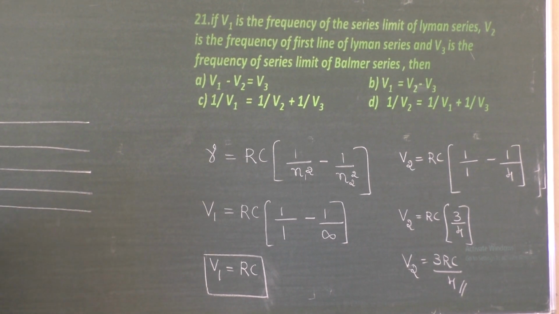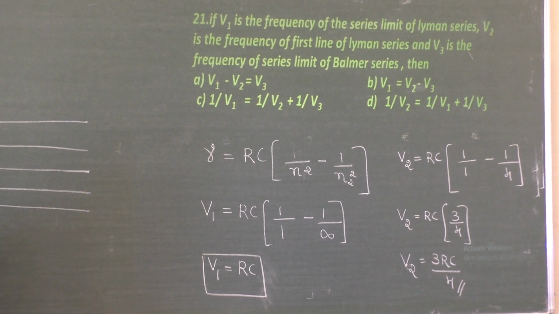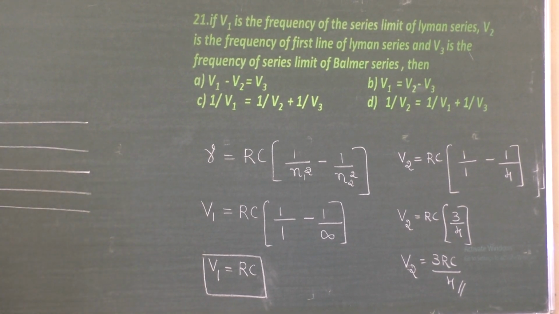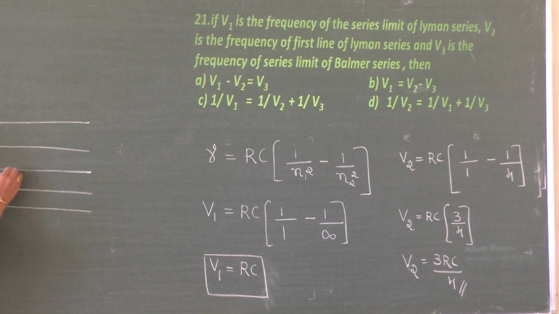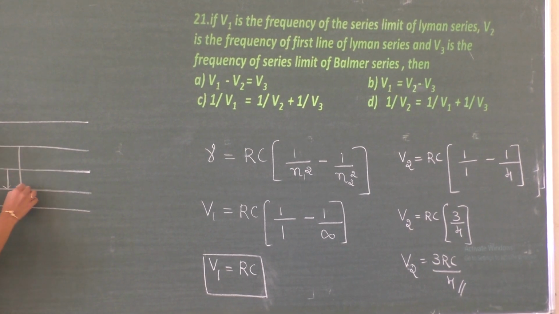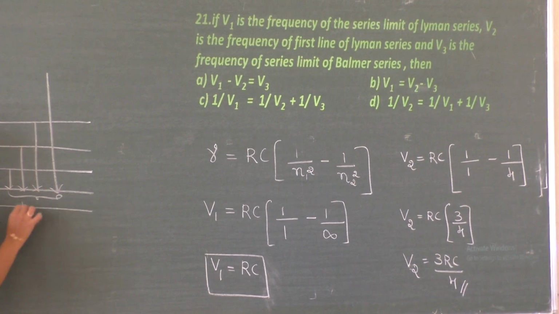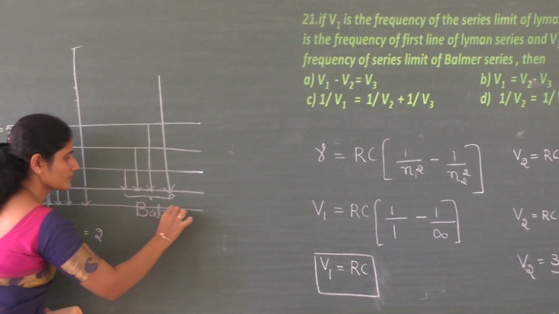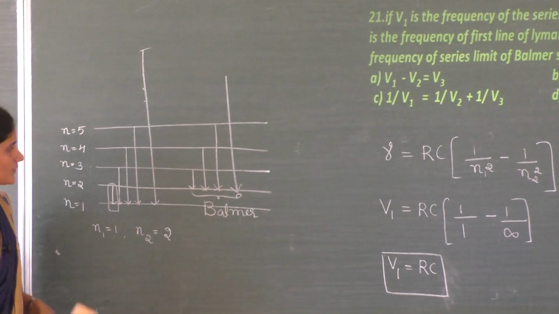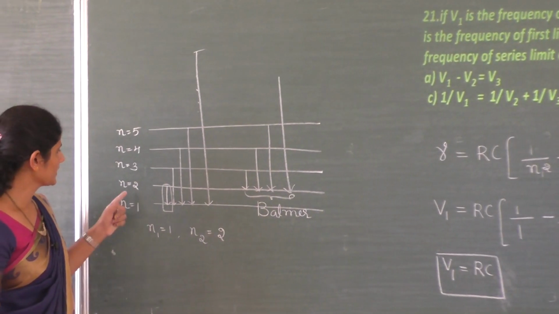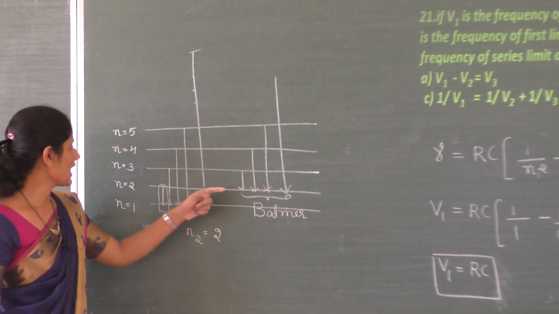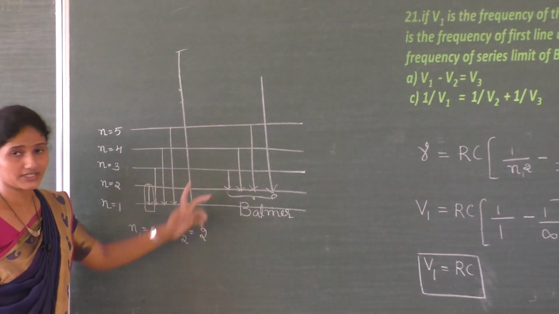And V3 is the frequency of the series limit of Balmer series. This is the Balmer series. For the first line of Balmer series, n1 is equal to 2 and n2 is equal to 3.